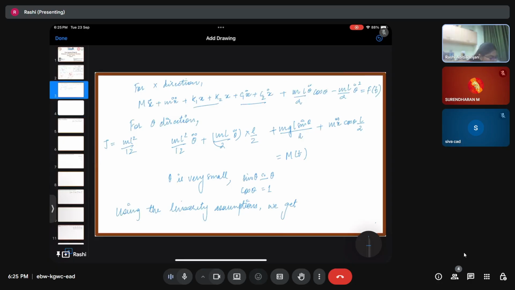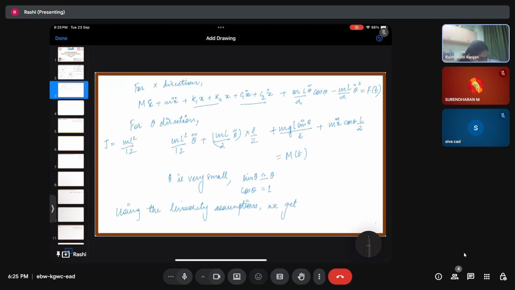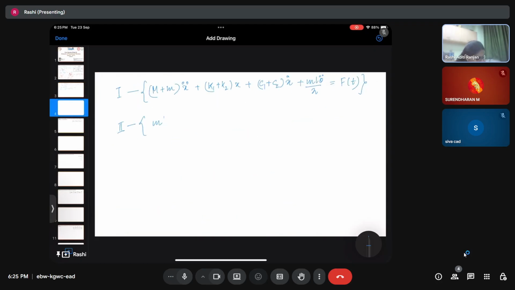Then we have ml theta double dot cos theta by 2. Cos theta is going to be 1, so ml theta double dot by 2. And this is going to be equal to f of t. This is the first equation, which is linear. For the second equation, which is in the direction of theta, what do we have? We have ml square by 12 theta double dot.